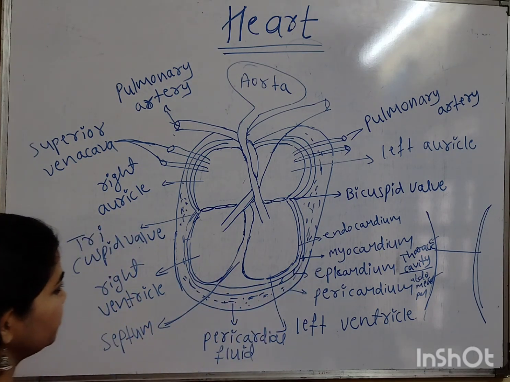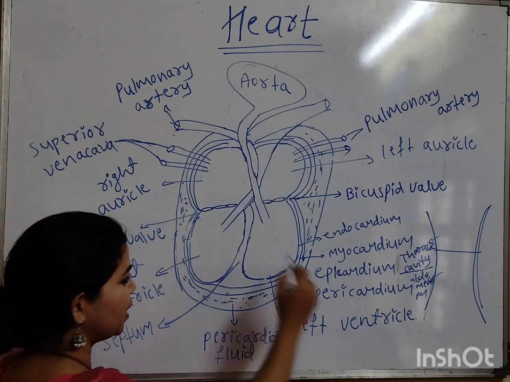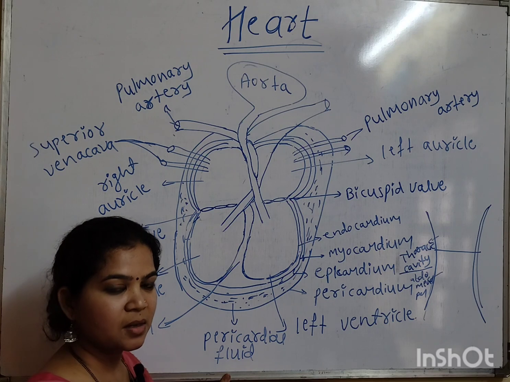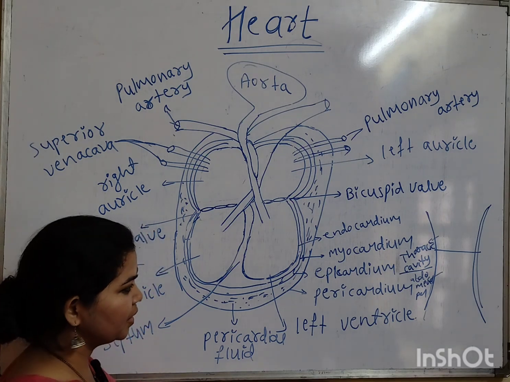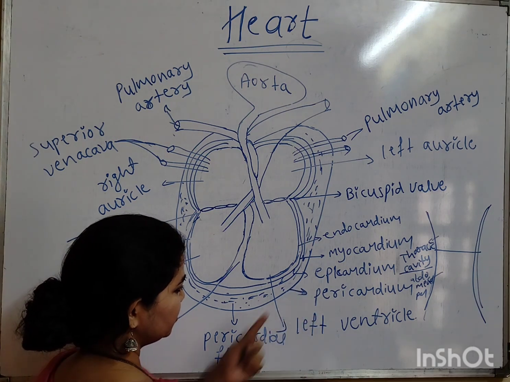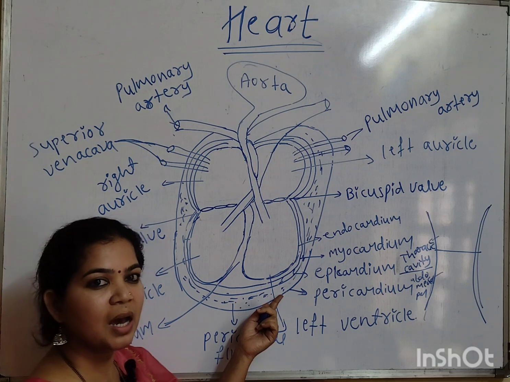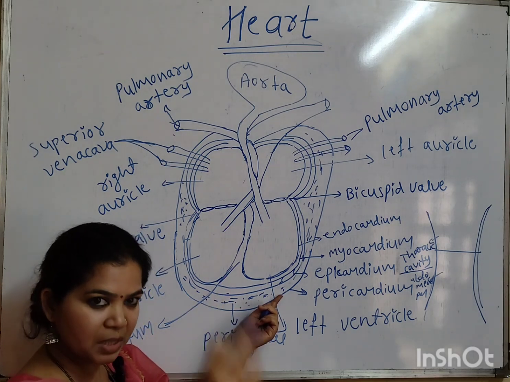Our heart is surrounded by 4 layers. Let's see one by one. The outermost layer of the heart, you can say membrane also. There are 4 membranes which surround the heart.